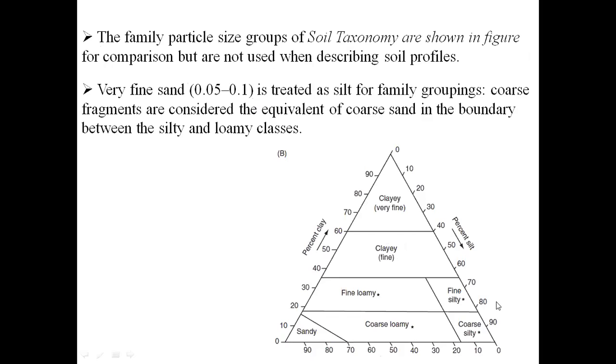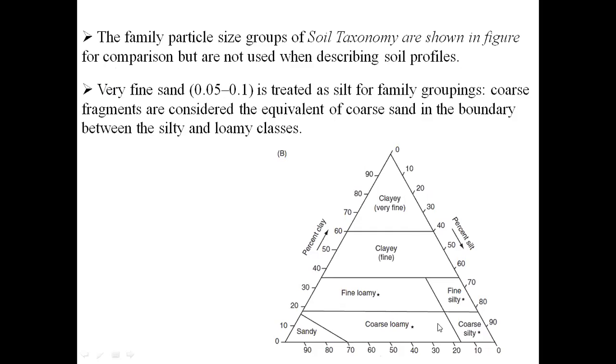If you want to group any soils in a family, we should use this triangle. There should be clay, very fine loamy, and the star is there. So very fine sand is treated as silt for the family grouping. Fine loamy, silt. Coarse fragments are considered equivalent to coarse sand.